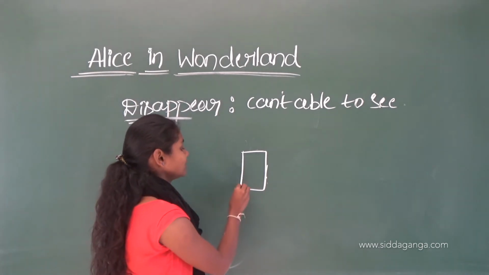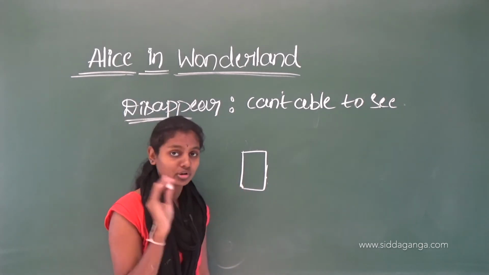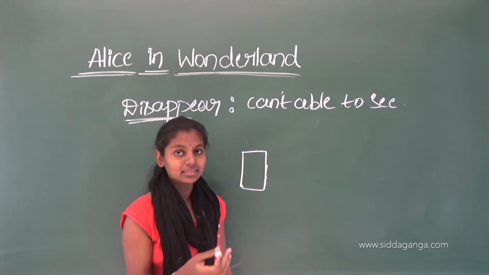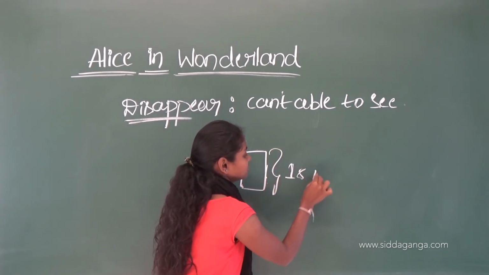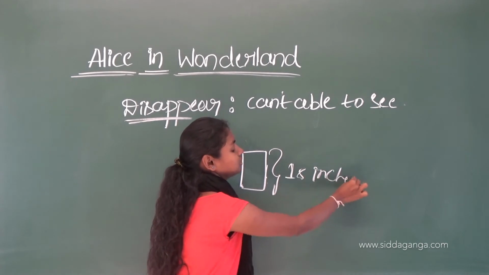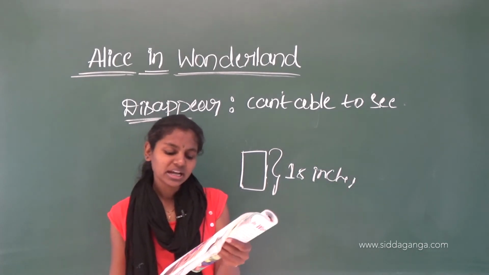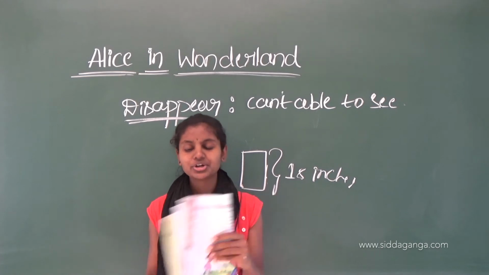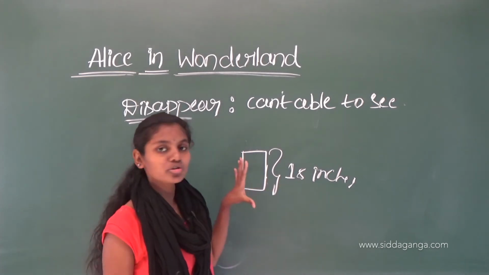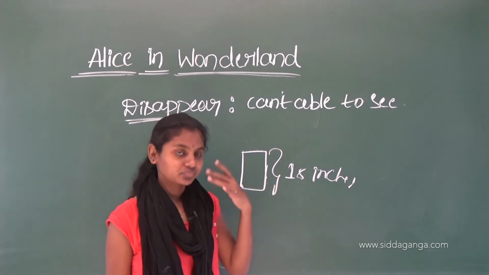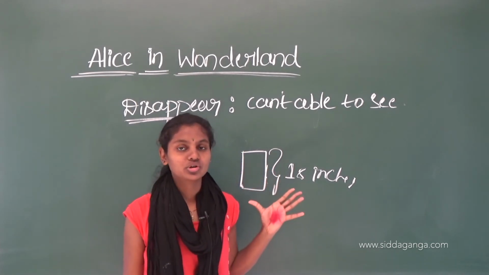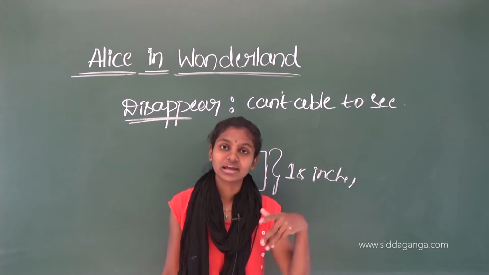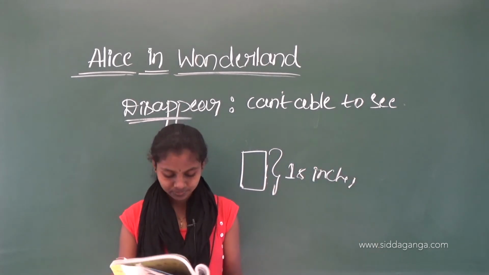So, like this, she saw a small door in that place and that is about 15 inches. Next, what happened? It was too small for her to go through. Yes, it is too small, right? We can't even put our head in that door. So, she can't go outside through the door.